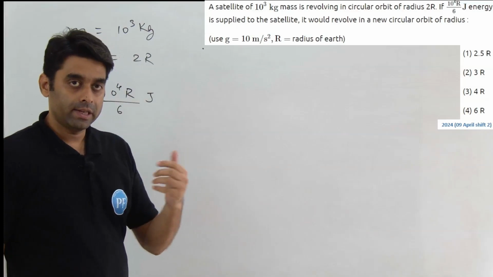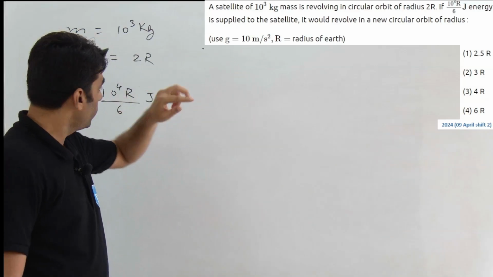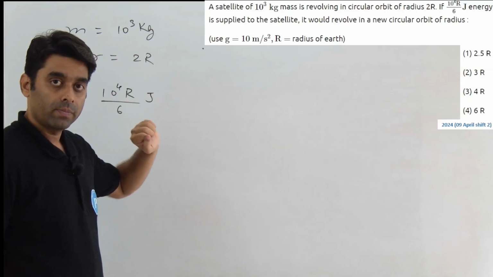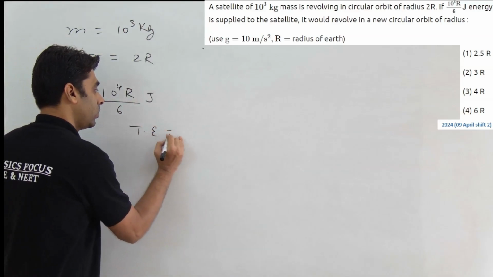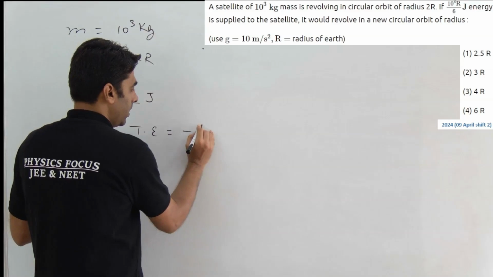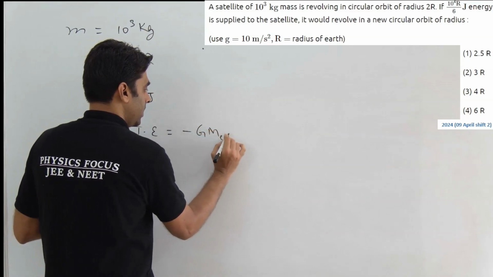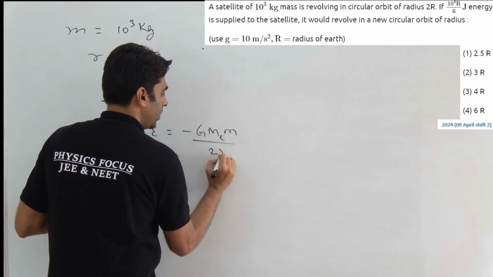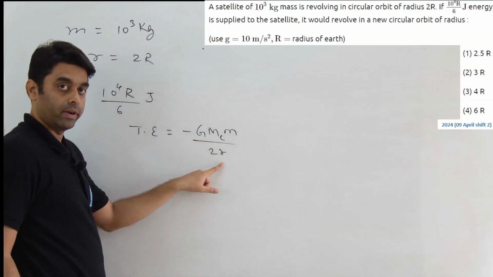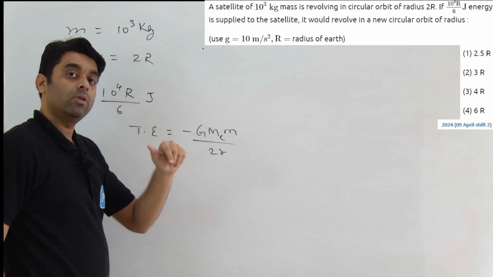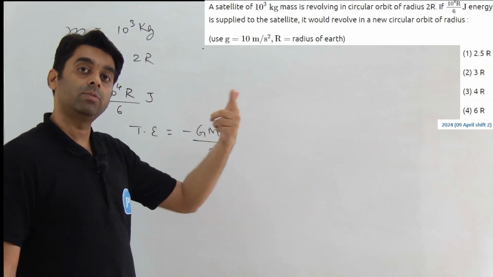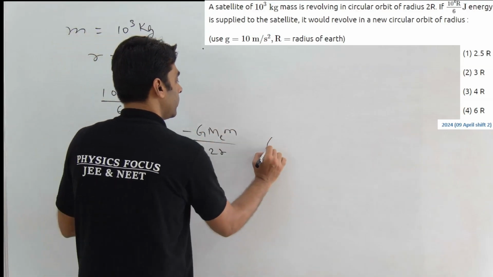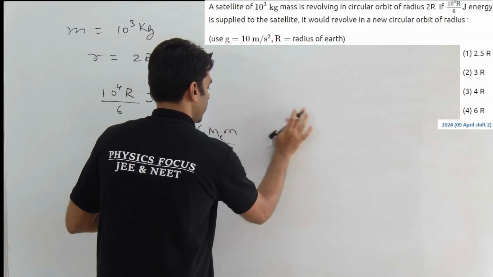Let's see. Initially, it is already moving in an orbital radius of 2R, so it will have some energy. What is the total energy of a satellite? Total energy of a satellite is minus GMEM by 2 times small r, where small r is the orbital radius. Because small g is given to us, let us convert this relation in terms of small g.